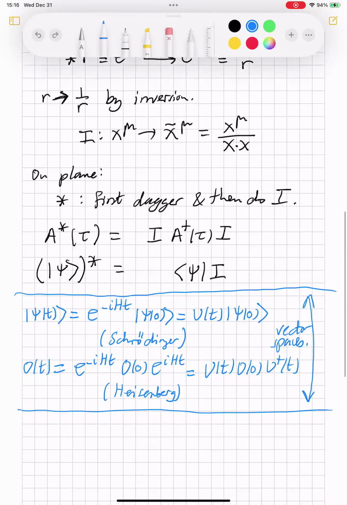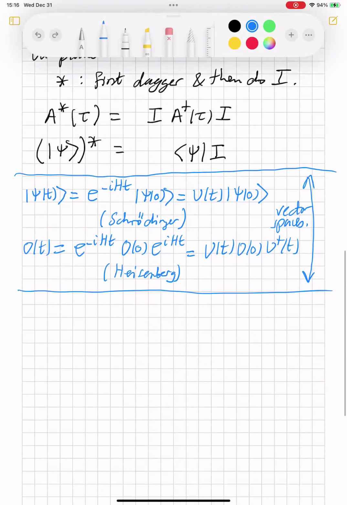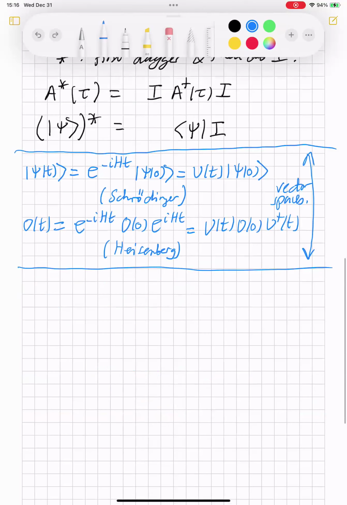Now let's do one application. I want to look at, let's maybe change colors to red, what is P mu star? And this is on the plane still. So P mu star on the plane would be inversion, P mu dagger, inversion. Then you know that the momentum operator in Minkowski space is Hermitian. So P mu dagger is just equal to P mu.